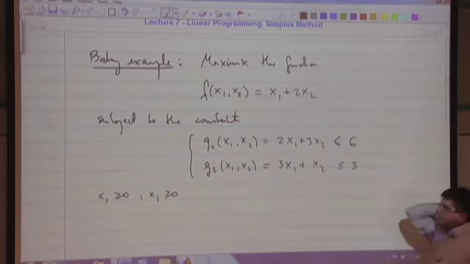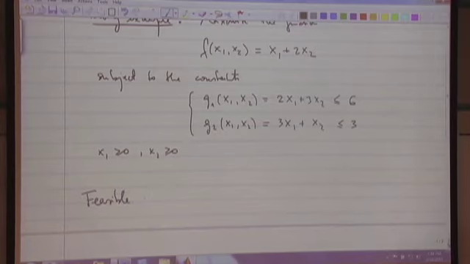First thing, when we do an optimization with constraints, we want to look at what's the feasible region, right? What's the feasible set given by these constraints.